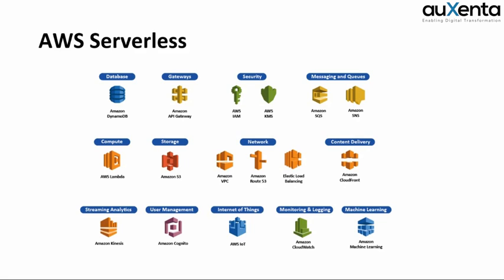Then you don't have to worry about managing this infrastructure. That means AWS will manage the infrastructure of these services, and you just have to worry about how to use these tools and get your work done with best practices. In this session, I will go through AWS Lambda. It will be an introduction to Lambda, and in the next session we will talk about complex concepts about AWS Lambda.